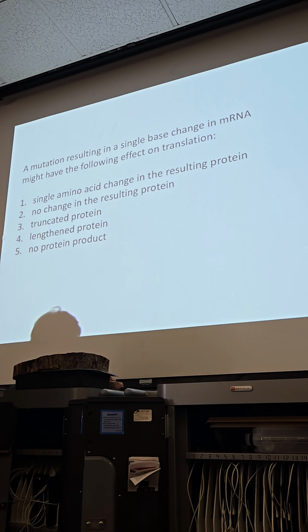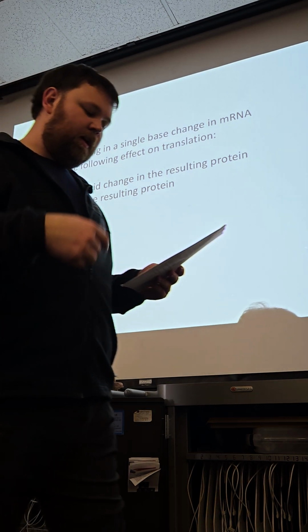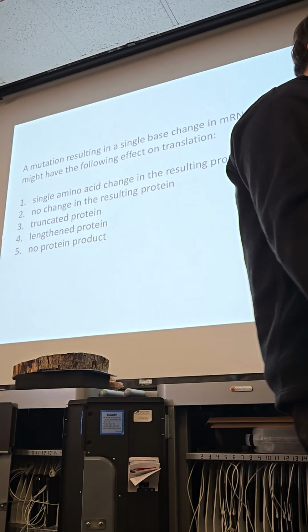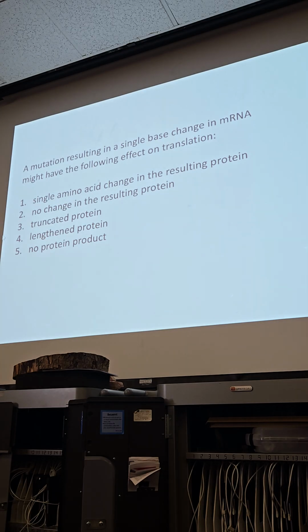Your wild type is CAC. It's been changed to CAU. This results in no change. So 2 is correct. CAC is the wild type, and it changes to CAA. No, single amino acid changes the protein. So 1 is true. You have UAU, and now it's UAA.